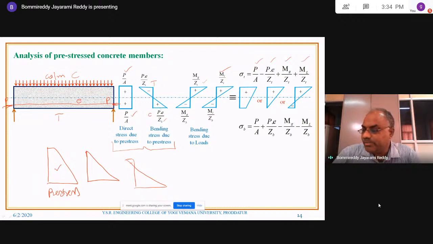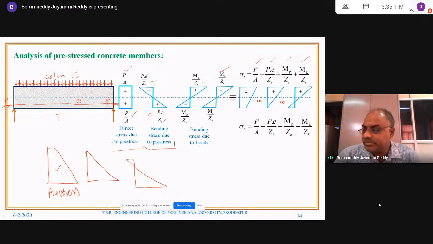You can look at it: because of the pre-stress, the stress at the bottom is always positive, compressive. And because of the loading, whether it is self-weight or the externally applied load, the stresses are always tensile. So the first two terms are positive, the second two terms negative.